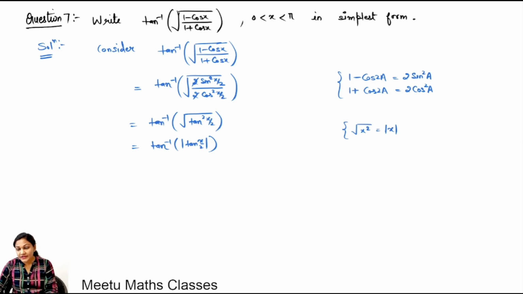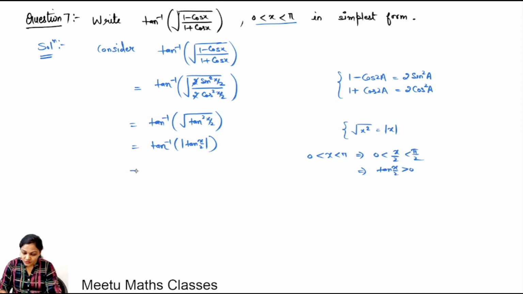Now we know that x is lying between 0 and pi. So x by 2 will also lie between 0 to pi by 2. So in between 0 to pi by 2, tan x by 2 is positive.